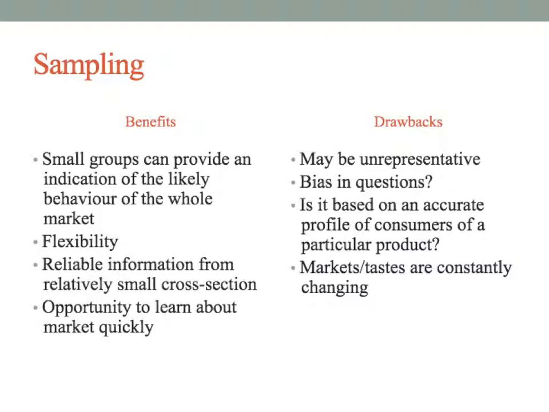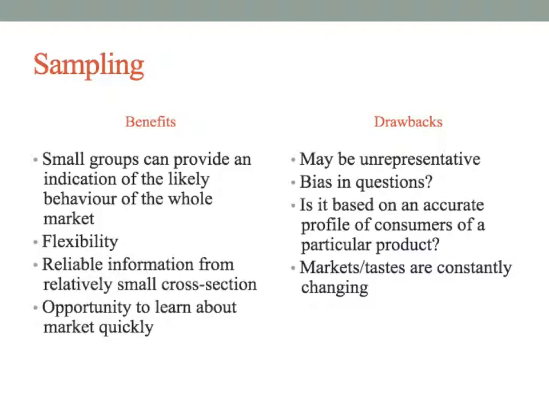I think there is some reliability in the information that's collected. It depends what sample size you can gather, and there are opportunities to learn about the market quickly. So it's much less onerous than if you had a wide range of opinions, and it allows you to act quickly. You can respond and gain a competitive advantage.